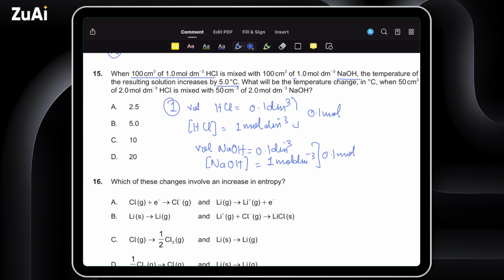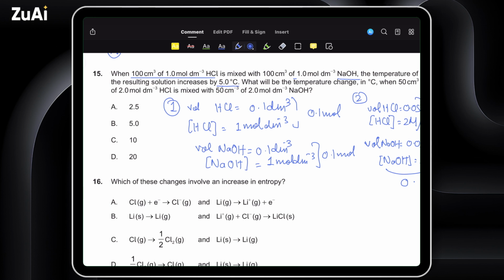That's the first situation. In the second situation, the volume of HCl is 0.05 and HCl concentration is 2 molar, and volume of sodium hydroxide is again 0.05, and concentration of sodium hydroxide is 2 molar. So it will give the moles 0.1.